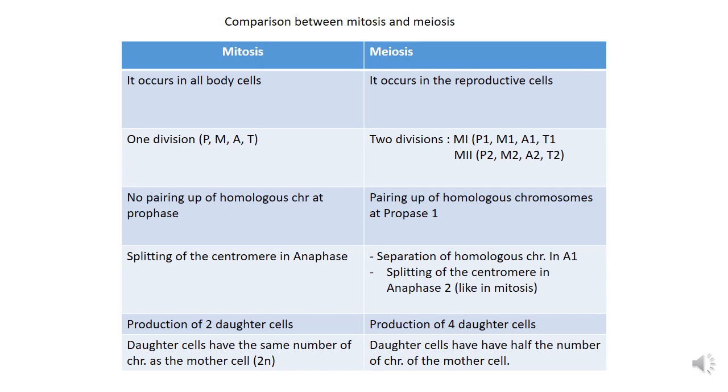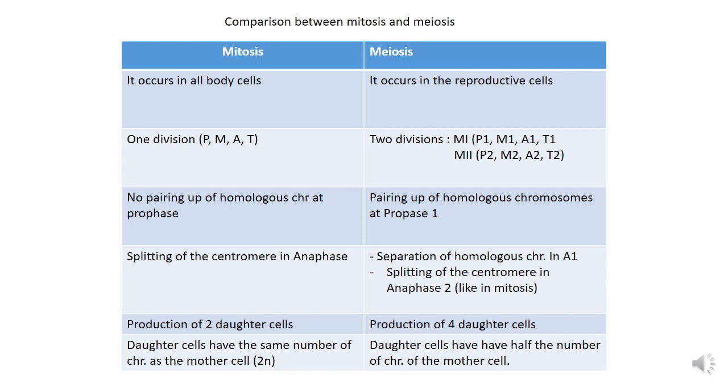In mitosis, there is no pairing up of homologous chromosomes at prophase, while in meiosis, there is pairing up of homologous chromosomes at prophase I. In anaphase of mitosis, there is a splitting of the centromere, then migration to the poles, while in meiosis, especially in anaphase I, there is separation of homologous chromosomes.